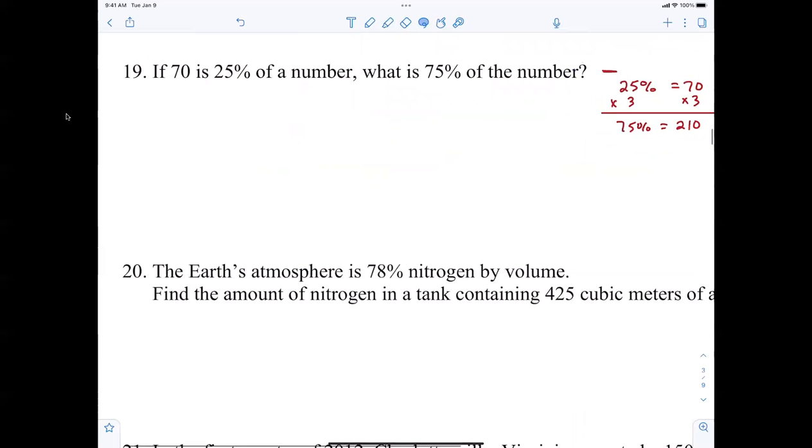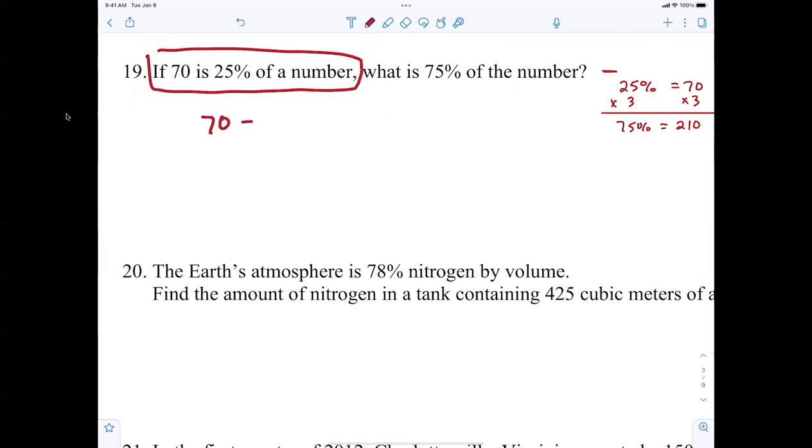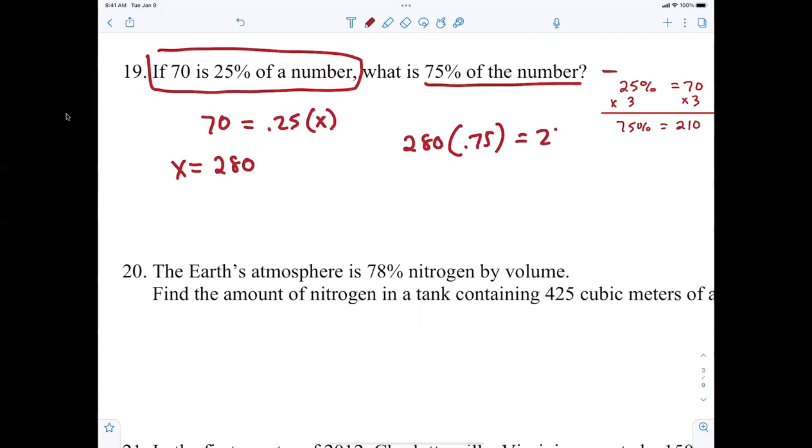So you answer this question: 70 equals 0.25 times X. On your calculator, 70 divided by 0.25 is 280. So the original number is 280. Now you want 75% of that, so multiply 280 by 0.75. And that should be 210.